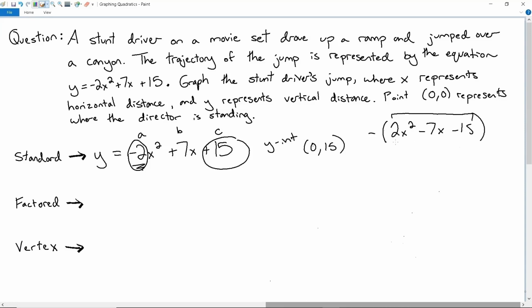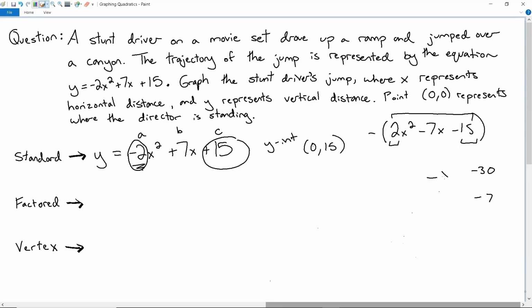So when we have an a value that's not 1, we need to multiply our c value by our a value. So 2 times -15 is -30. And then we also need to look at our b value, which is -7.